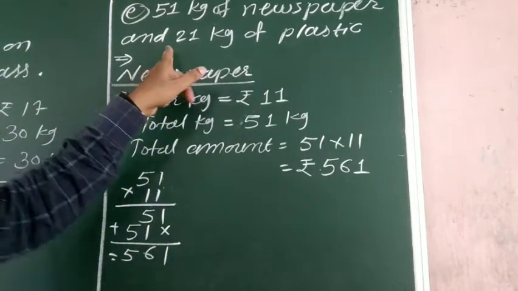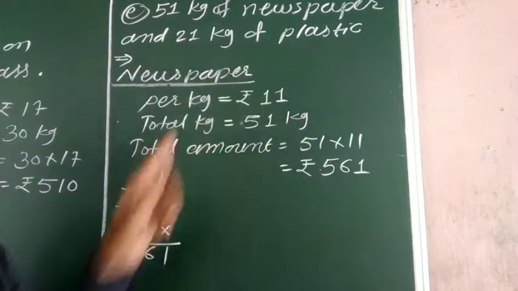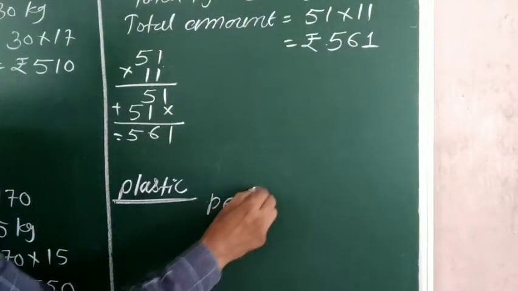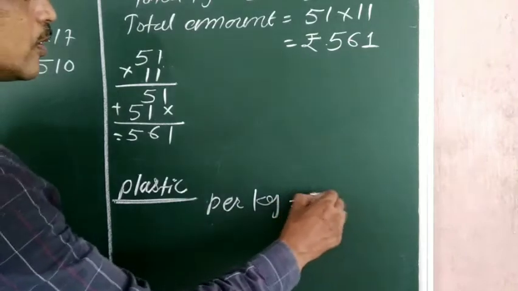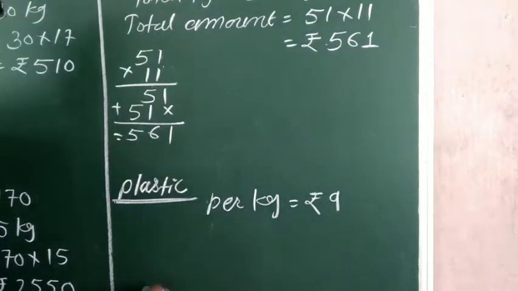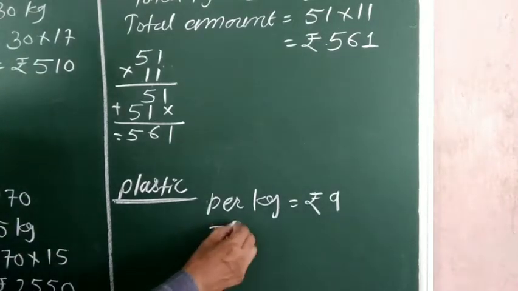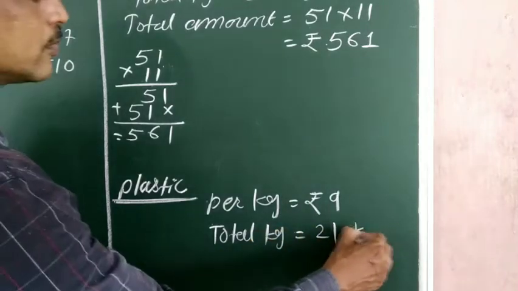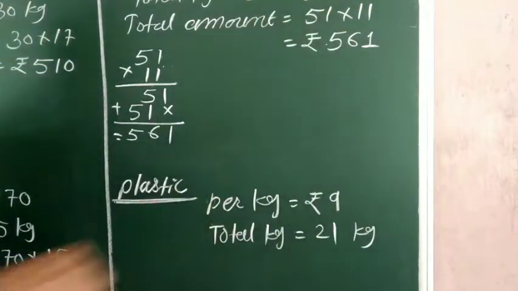Now second item is 21 kg of plastic. Now here we have to find out about plastic. Again see, how much is per kg, son? Rupees 9 per kg. Then total kg is 21 kg.